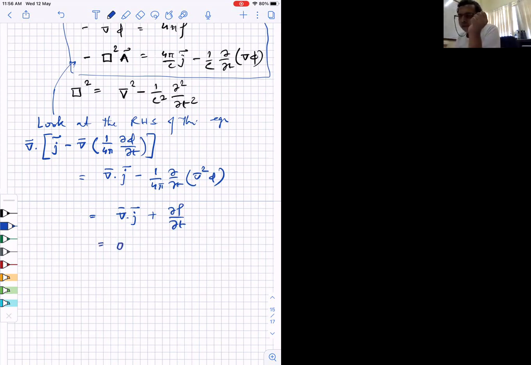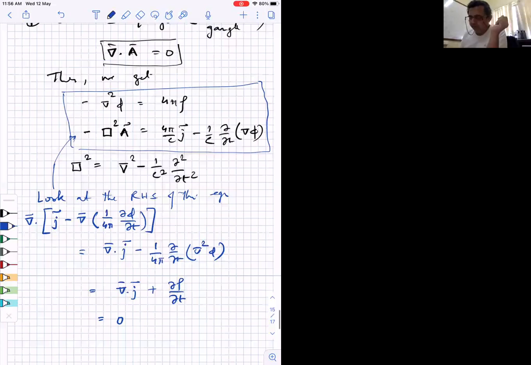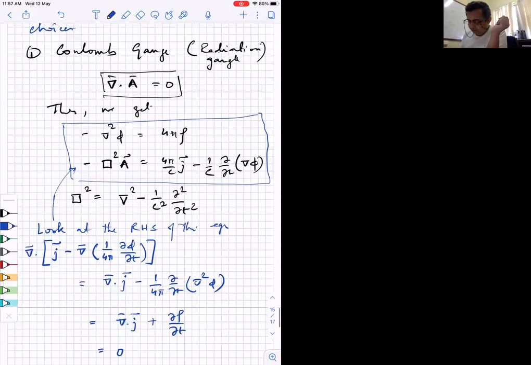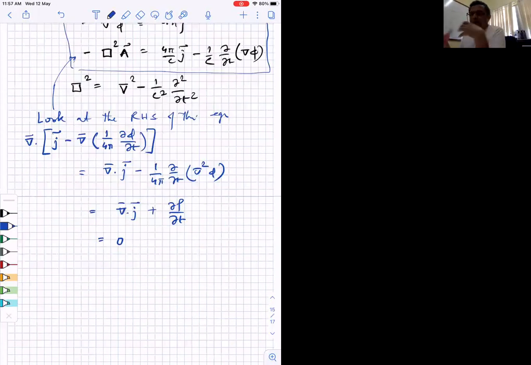So the way that we have actually used this Coulomb gauge is basically a way of saying that we have local charge conservation. The last equality is from charge conservation.